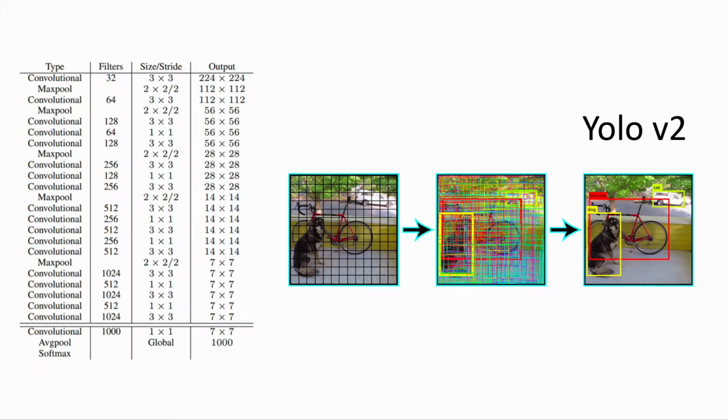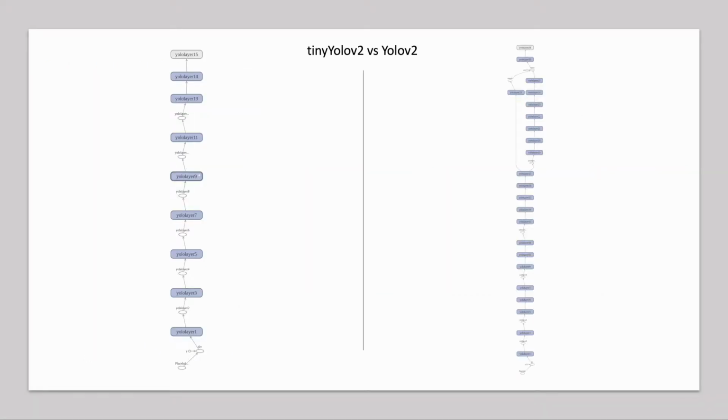We also tested in this project the tiny YOLO v2, a small network based on YOLO v2, which is less accurate but way much faster. This TensorBoard visualization allows us to see the tiny YOLO network size in comparison with the standard YOLO.